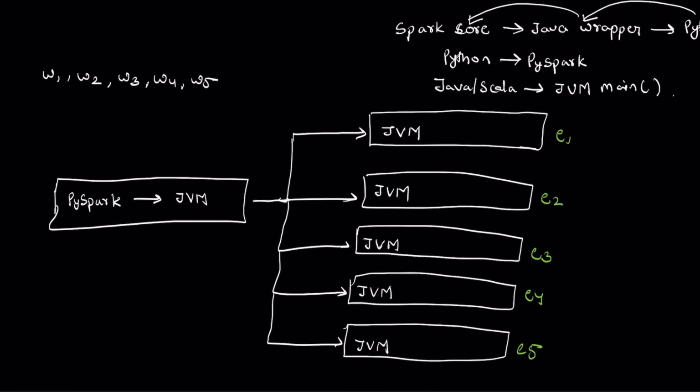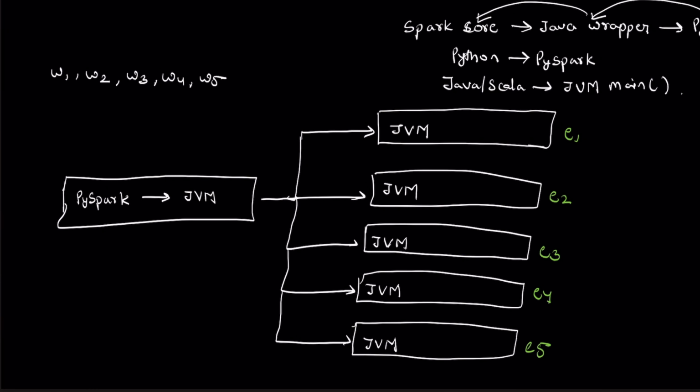What will happen is, this driver node would send out our code to be executed in these 5 executors. Say our code consists of UDFs, which are user defined functions. Then the driver node would pass a Python worker to each of our executors.